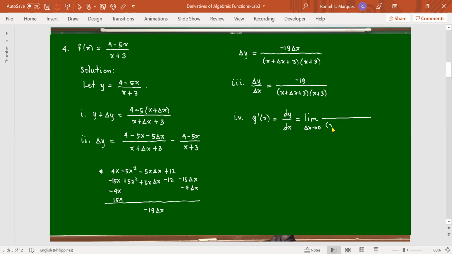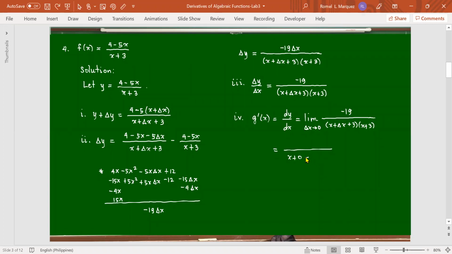The denominator is x plus delta x plus 3 times x plus 3. The numerator is negative 19. So evaluating the limit, what is that, guys? This is x, and the limit of delta x as delta x approaches 0 is 0, no?